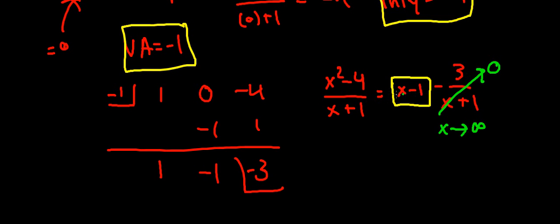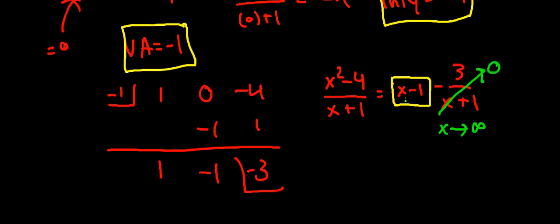So therefore, as this function approaches infinity, as we get larger and larger x values, it's going to look more and more like x minus 1. When we have small x values, then this is going to have a large effect. If x was equal to 0, then this value right here would be equal to minus 3, which is large. It's actually the more important part of the function at that point.